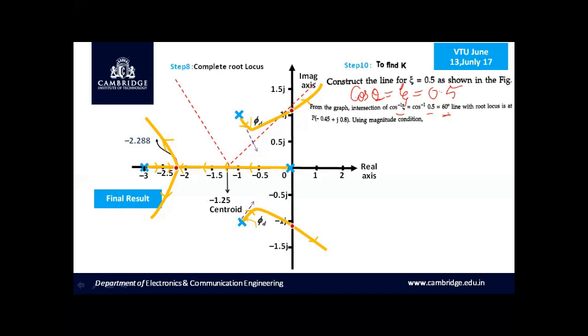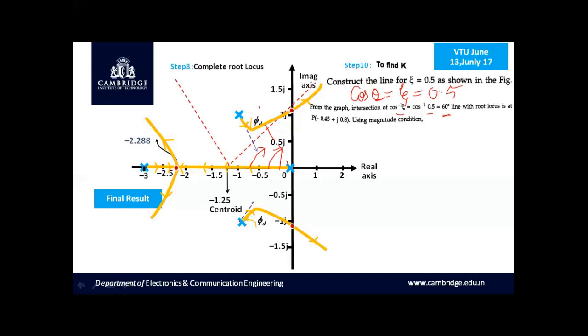We are going to draw a line from the origin at an angle of theta, which has to be measured from the negative real axis. Remember, the direction should be clockwise, and it has to be measured only from the negative real axis.